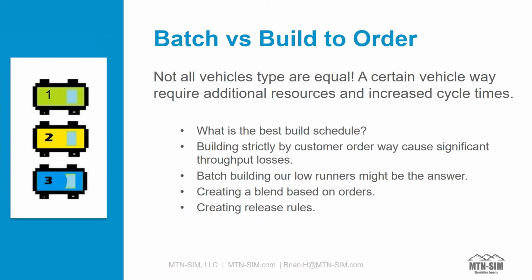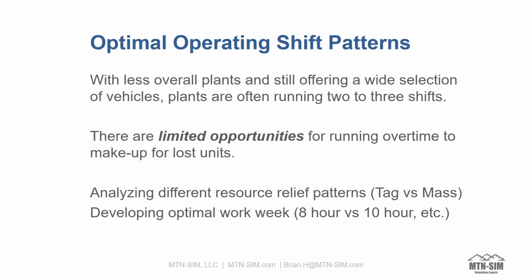So what is the best build schedule? Often we try to build to a customer order, keep it as close to the customer order as possible. And if we have a low runner, maybe vehicle 2 requires a greater cycle time. That could cause potential throughput losses for vehicle 1 and 3. In other words, vehicle 2 would be pacing the line.